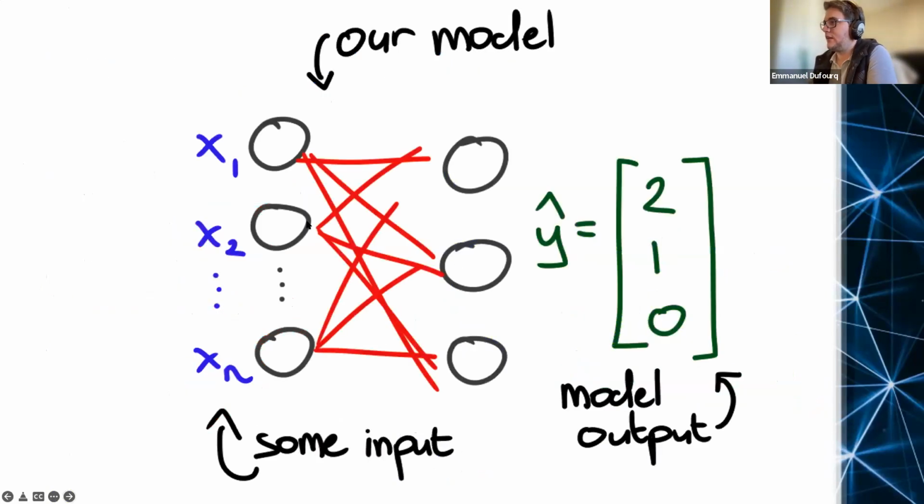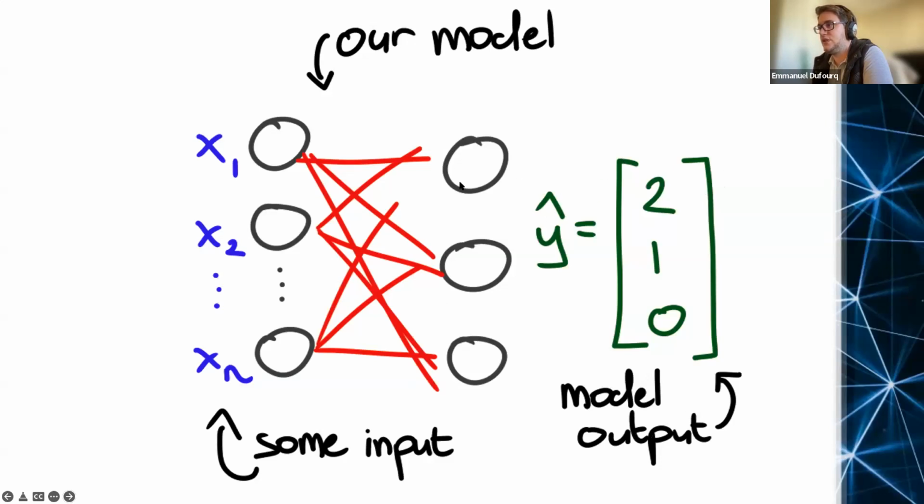Okay. Let's take a small step. So let's say we have our model, which has n number of inputs, and it's a 3-class classification problem. So we have our 3 units, and we can write the network output as a column vector.